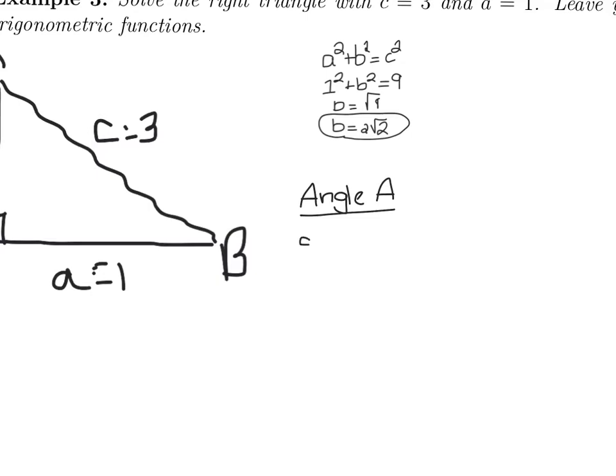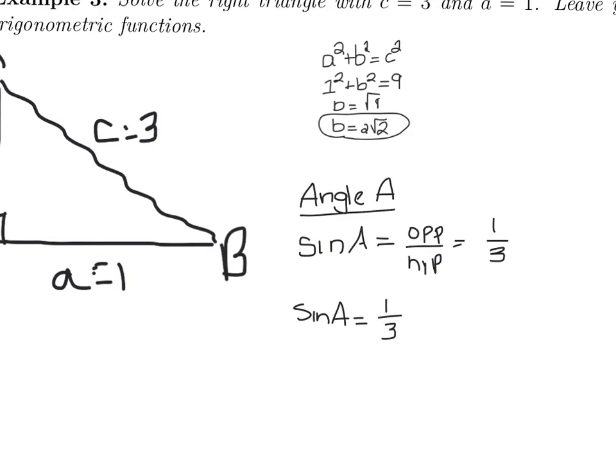If I use the sine function, the sine of A is opposite over hypotenuse, which is 1 over 3. So you have that the sine of A is 1/3.